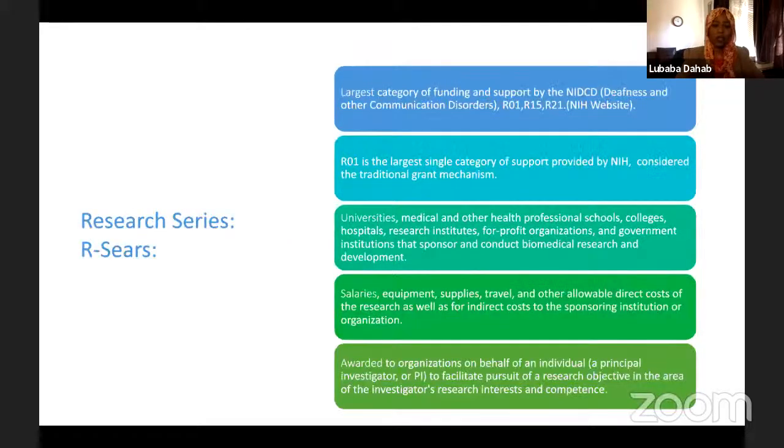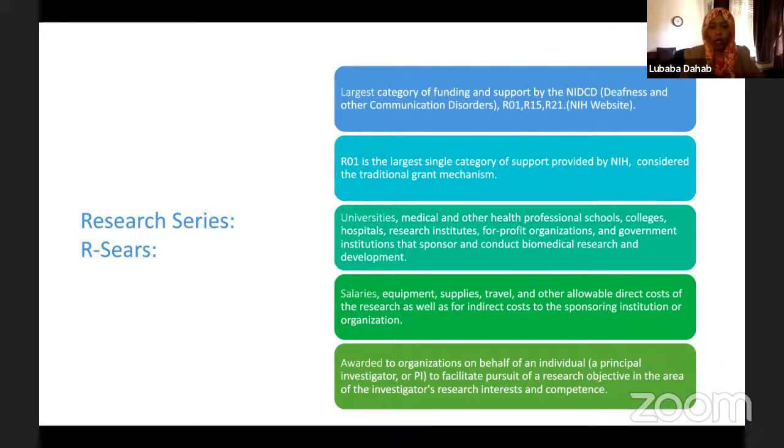As I mentioned, the one that we are most likely to encounter, and maybe submit for, is the research series, the R series. Those are considered the largest category of funding and support by the NIH. There are different departments, but mostly the deafness and communication disorders.